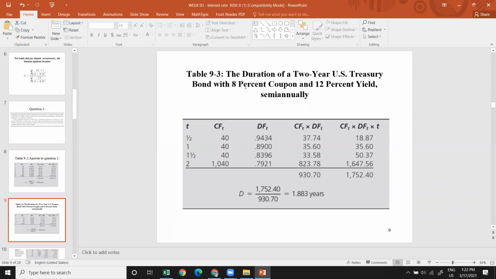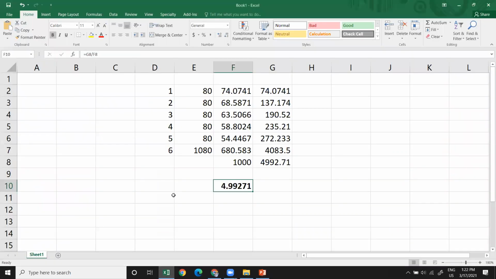The 8% coupon payment is $80 yearly, but if it's semi-annual, you just divide by 2, which is 40. You get the present value of each cash flow, multiply by the corresponding time, and then estimate the bond value by summing up, the same procedure. I can repeat it here for 4 periods: half, 1, 1.5, 2.